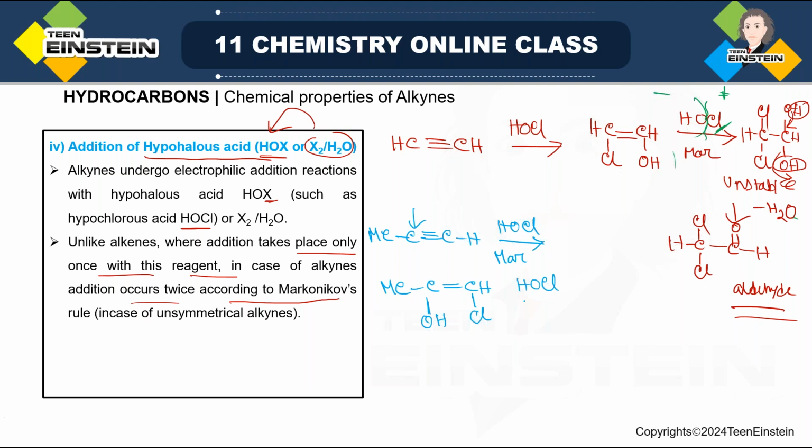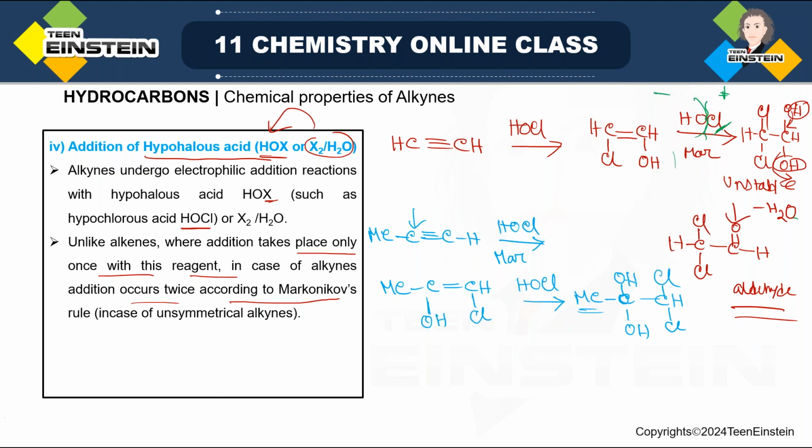Now we are adding the second HOCl, and again the same thing happens: OH will be added to the carbon where OH is originally present, and here the methyl group can also have some plus I effect. So CH, Cl, another Cl.